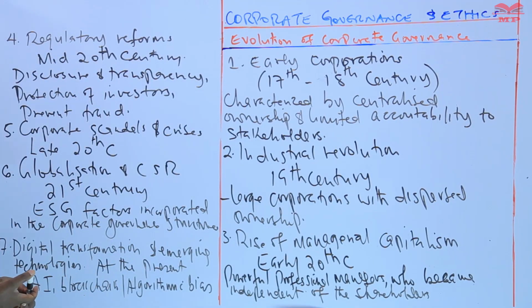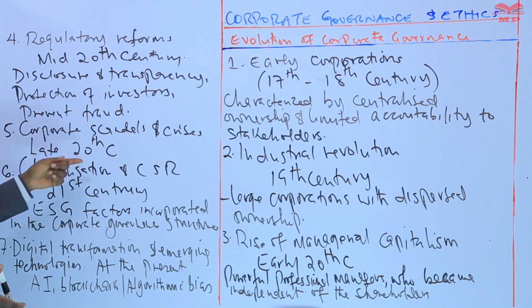Then in the mid 20th century, there were regulatory reforms. There was need for more disclosure and transparency. There was also focus on protection of investors and prevention of fraud.